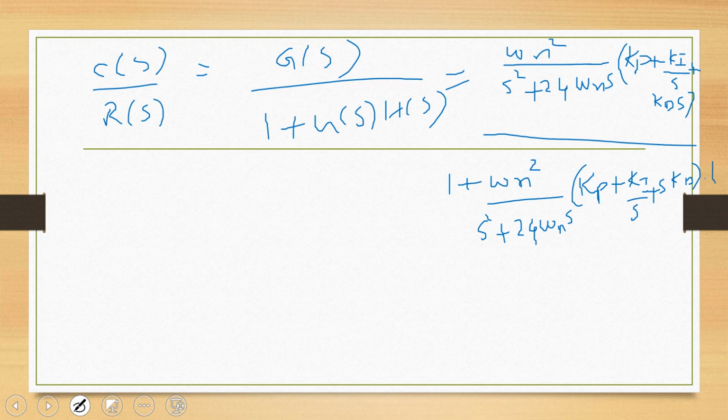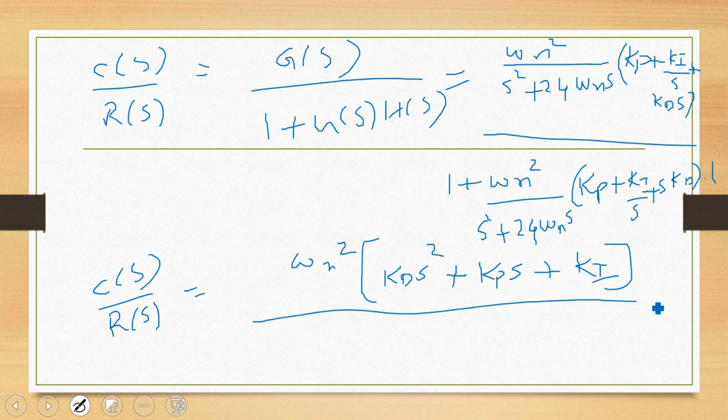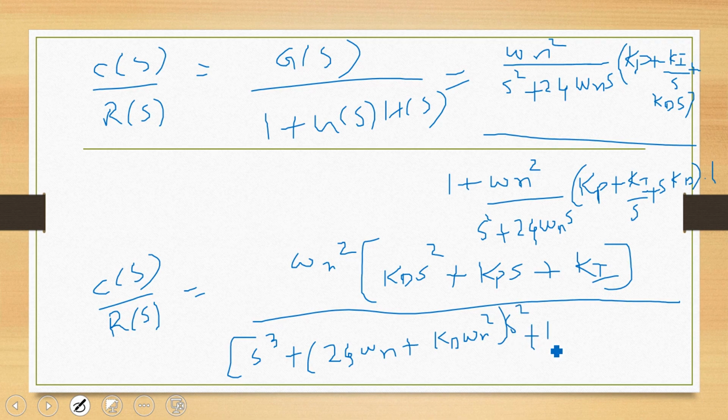So we get, on simplifying, C of S by R of S is equal to omega n square into Kd S square plus Kp into S plus Ki divided by S cube plus 2 zeta omega n plus Kd into omega n square into S square plus Kp omega n square into S plus Ki omega n square.